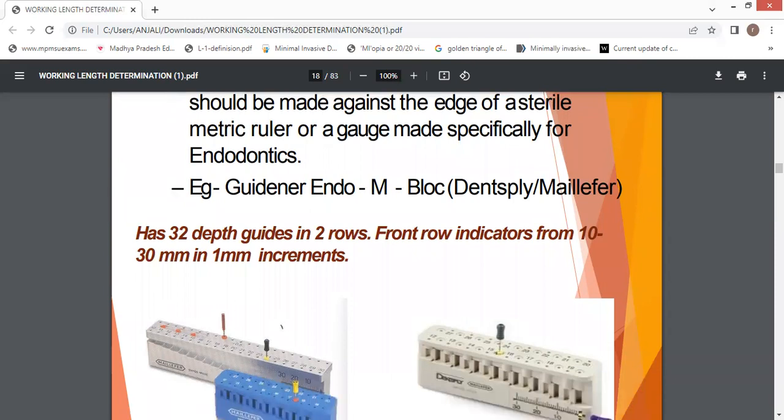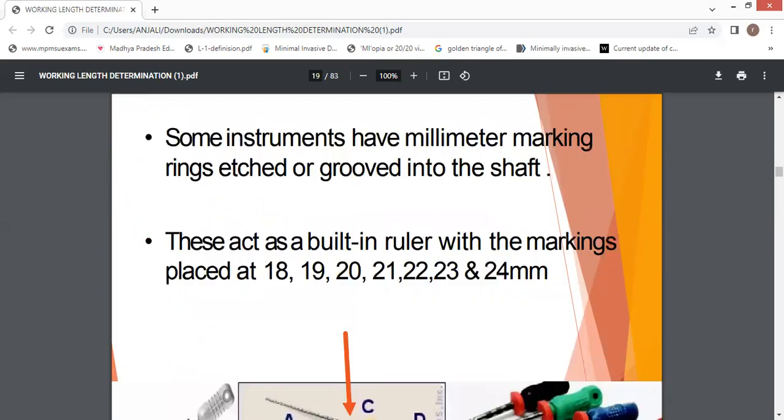Front row indicators run from 10 to 30 mm in 1 mm increments. Some instruments have millimeter marking rings etched or grooved into the shaft. These act as a built-in ruler, with the markings placed at 18, 19, 20, 21, 22, 23 and 24 mm.